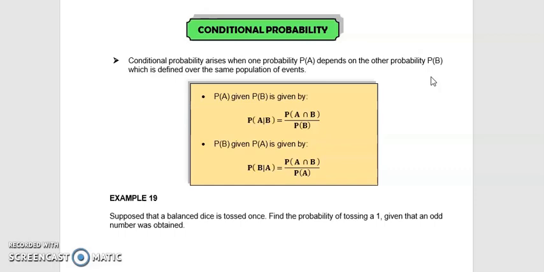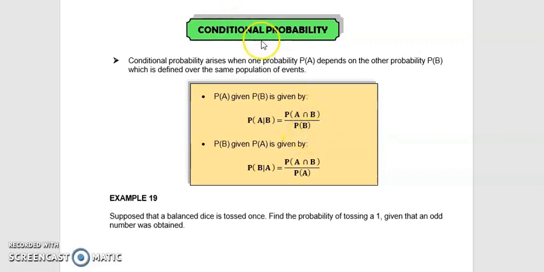How do we write conditional probability? For example, the first one, the probability of A given B. This vertical line represents given. So how to read this term: probability of A given B. This is equal to the probability of A intersect B divided by the probability of B.